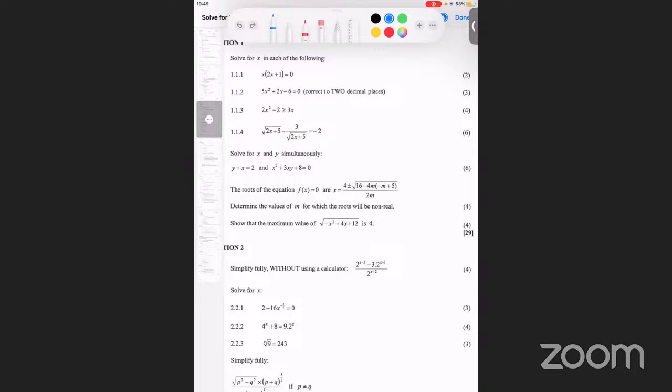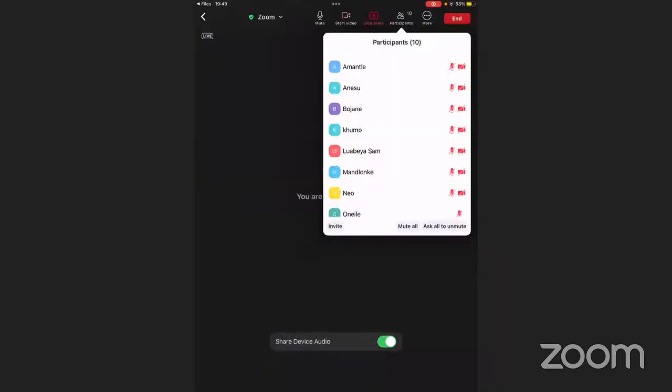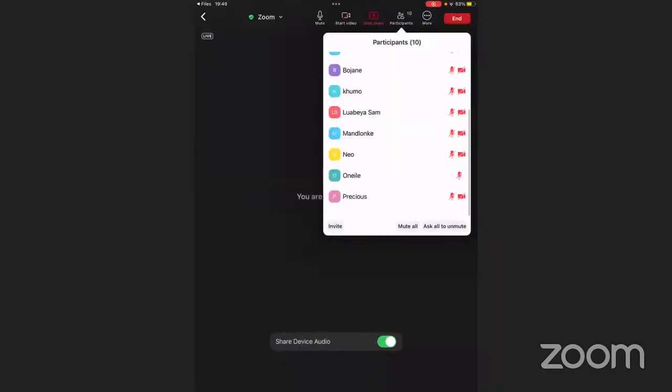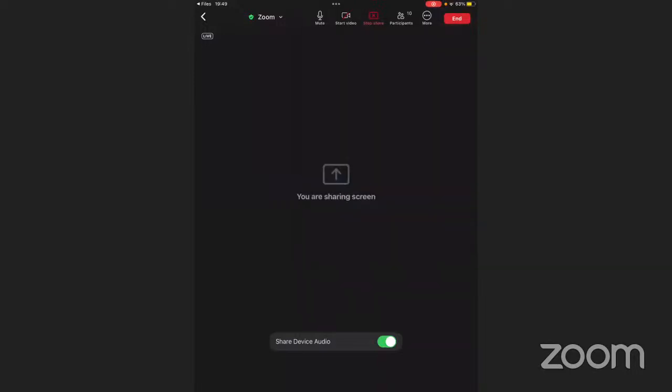Guys, anyone to describe that 1.1.2? Sir, if I had to make an assumption, I would say we need to use the quadratic formula.